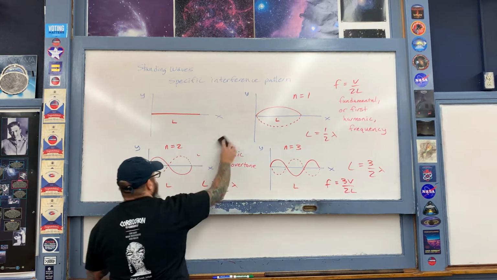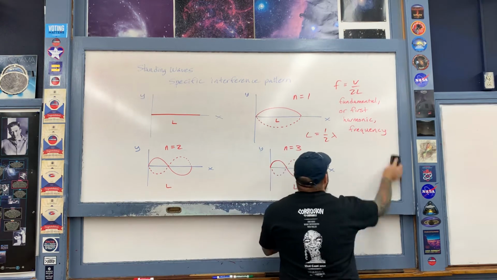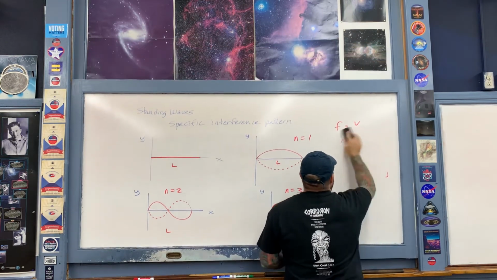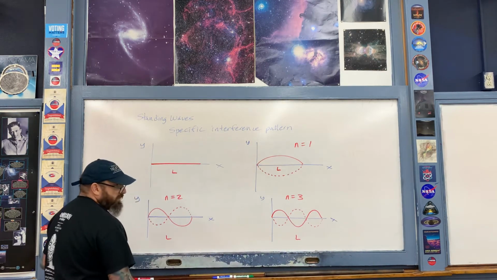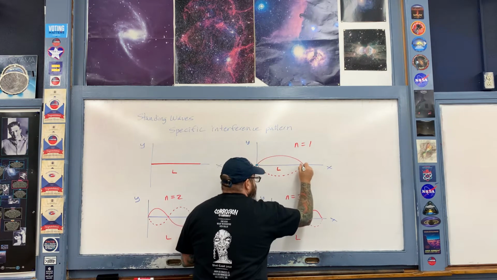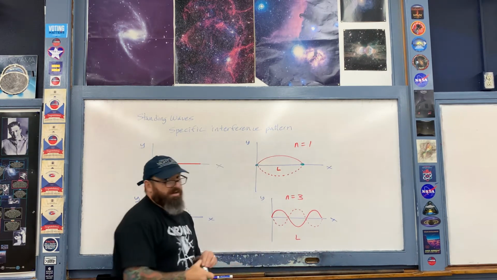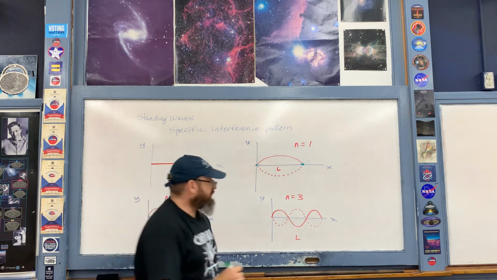Okay, let me do a little bit of erasing here. Okay, take a look at n is equal to 1, for example. We have these 2 points right here, the boundaries, if you will, of the spring that are motionless. These 2 points are referred to as nodes.